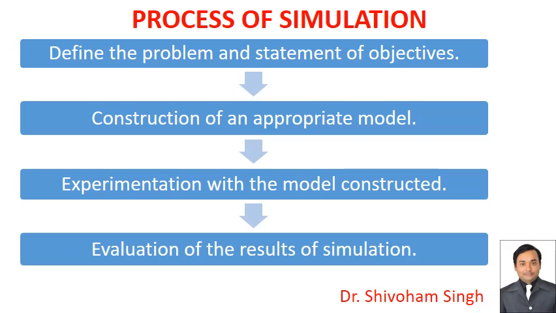In the third phase, we go for experimentation with the model constructed. And in the fourth phase, we evaluate the results provided by the different situations which we put in our model, and in that way, we select the best course of action.